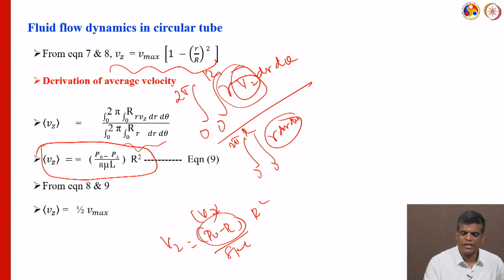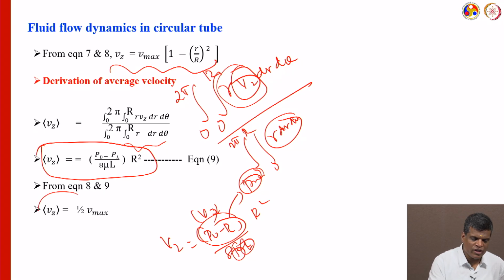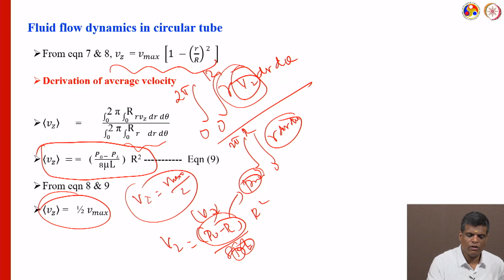Here P naught minus P_L is the pressure difference, mu is the viscosity, and L is the length of the tube. After solving this, we get the average velocity Vz equal to V max by 2: the maximum velocity divided by 2 gives the average velocity.